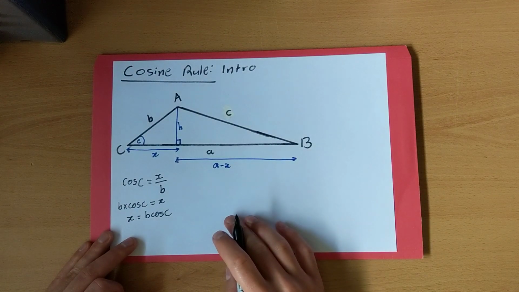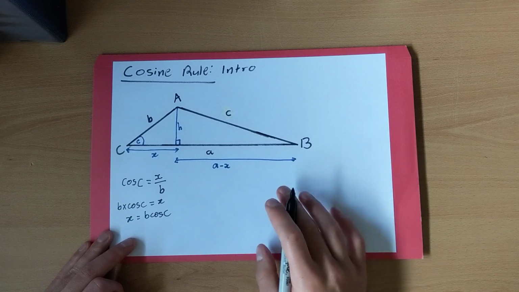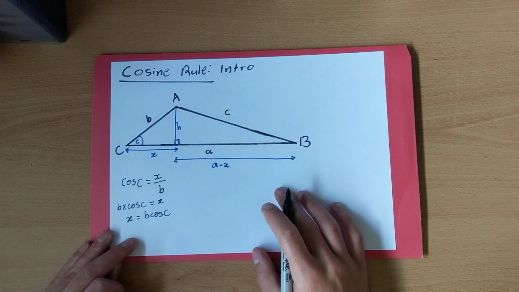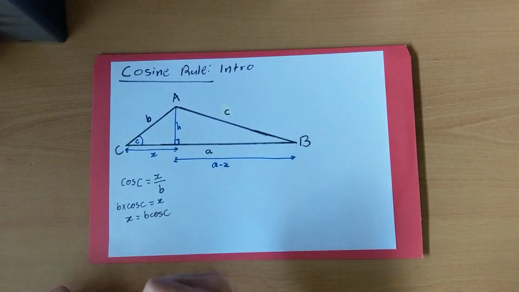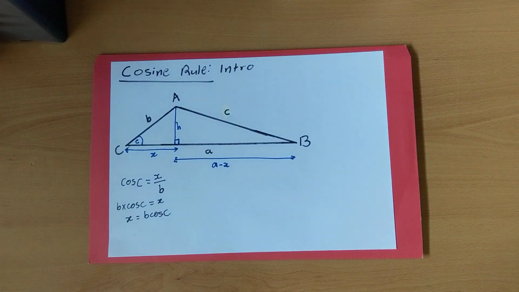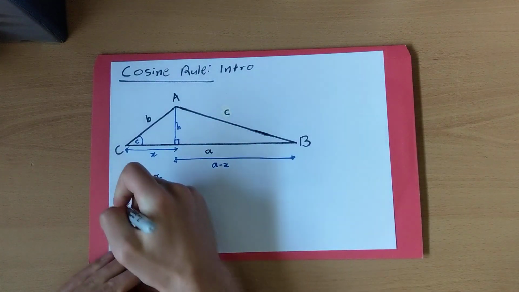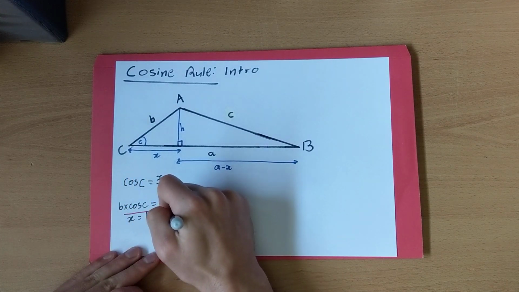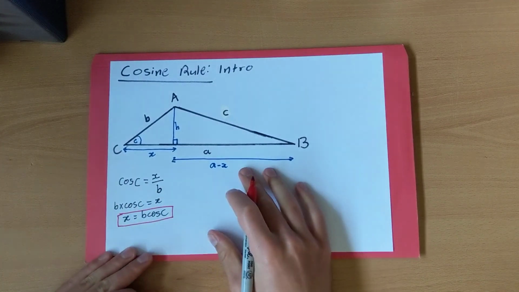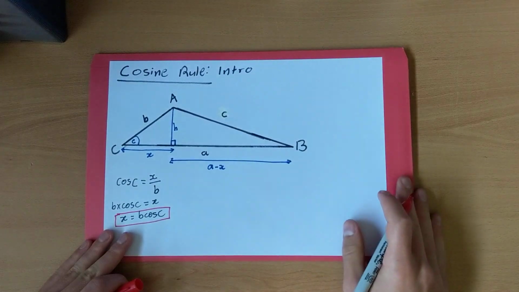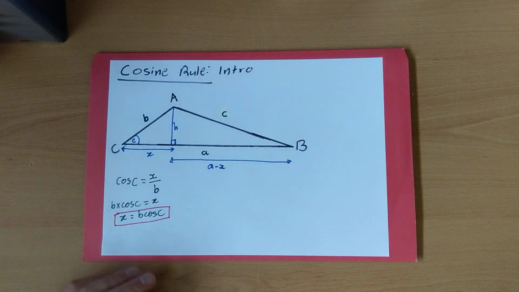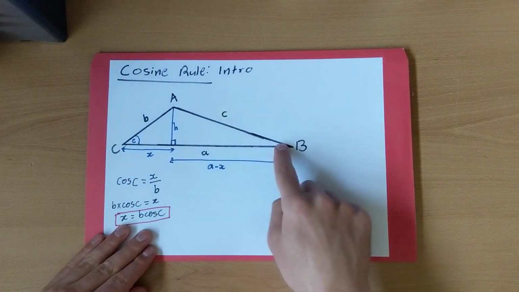The other thing is I can use a tool that we're all very familiar with, and that's Pythagoras. So I've got this x equals b cos C, and we're going to come back to that later. I'm just going to put a box around that so that we can come back to it. Before we come back to it though, let's see what we can do with Pythagoras. We've got two right-angled triangles here.